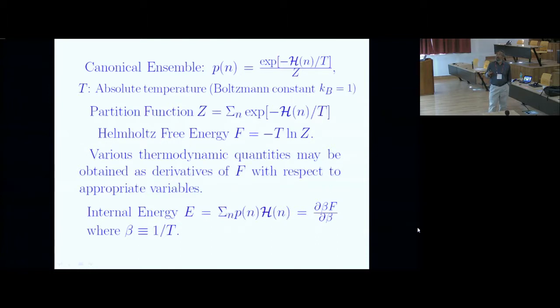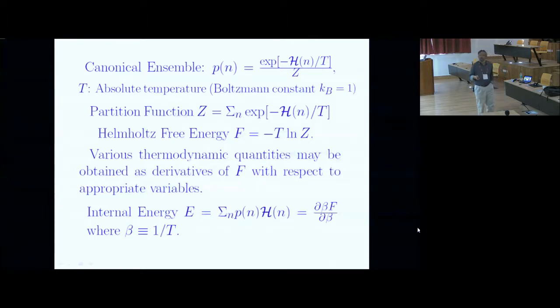Given this partition function, one can define various other quantities. Just for the sake of completeness, I'll mention them. One is the Helmholtz free energy, which is related to the log of the partition function. The usefulness of this is that if one has an expression for it, then by taking derivatives with respect to appropriate variables, one can calculate various other thermodynamic quantities that are of interest to us.